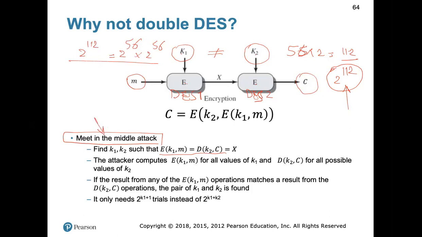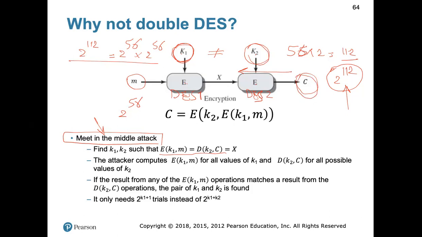Because he or she can do meet in the middle. The meet in the middle says, I search in parallel all possible keys for round 1, for DES1, all possible values for key 1. So it's going to be 2 to the power of 56. And separately, I do all decryptions from this side using key 2 on the ciphertext.